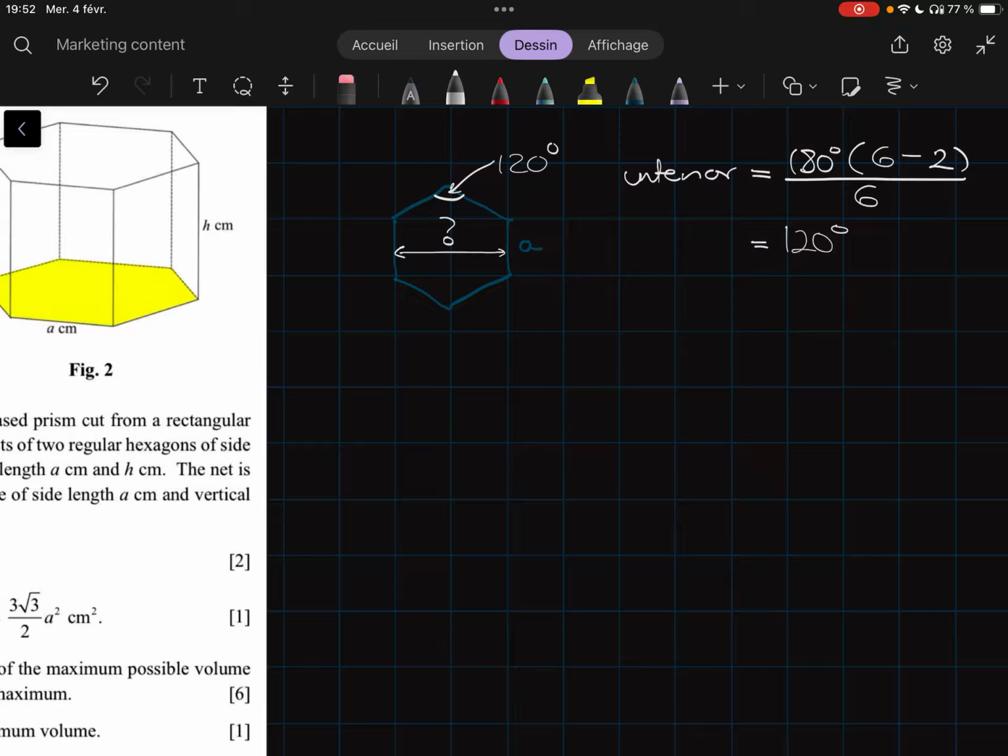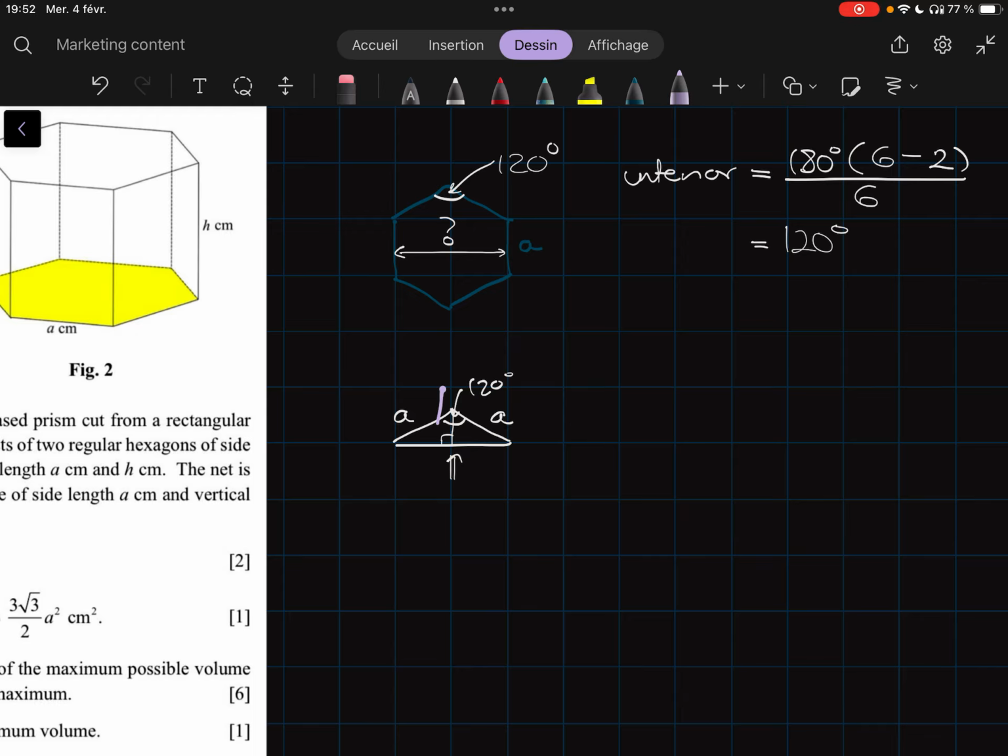Furthermore, because it is an isosceles triangle, we know that this length is A and that length is also A. So finding this length is really not that hard. We can just draw the altitude in the middle.